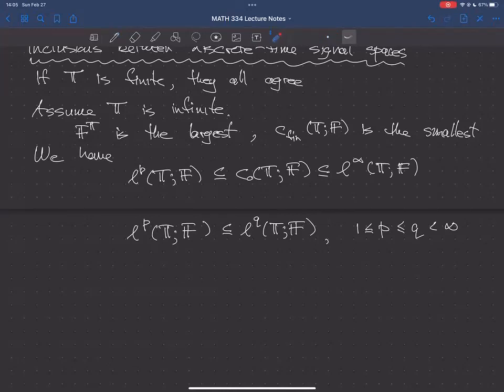This says that L1 is contained in L2, which is true. Good.